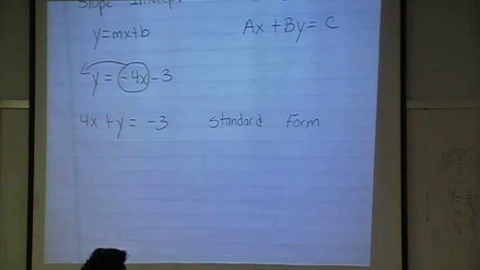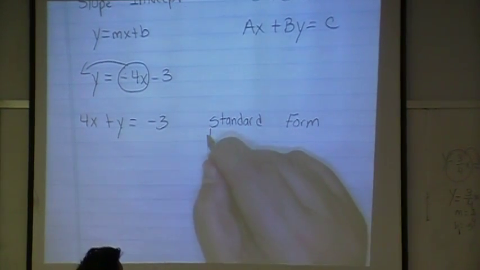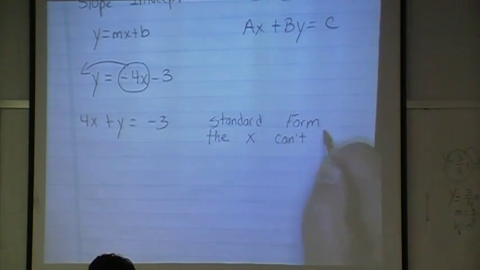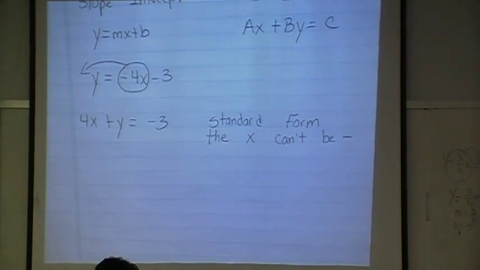Standard form, here's what you need to know. When it's in true standard form, the x can't be negative. You can't have a negative x when it's in standard form. A couple of them on your homework last night had a negative x, but that was just so you could write stuff there.